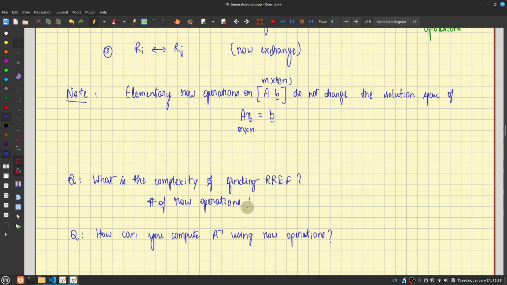So if you take the first column, you want to make sure that all of the first column elements except the first one are equal to 0. So that would require, let's say, n minus 1 row operations. And then for the second column, you need n minus 2 operations. Third column, you need n minus 3 and so on. In between you may need to do some row exchanges, right? Potentially column exchanges. So roughly the number of row operations would be some constant times n square, right?